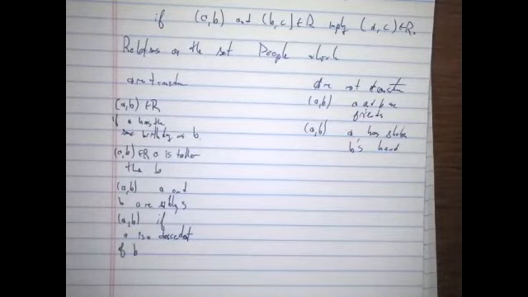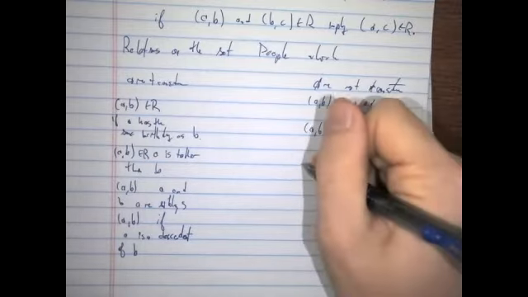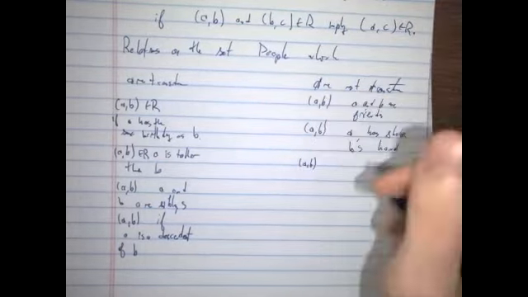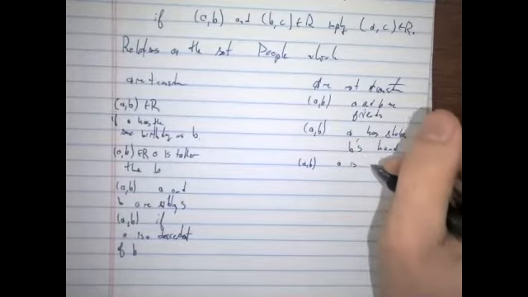What's another relation that's not transitive on the set of people? I think that is correct. That is not transitive, right? (A, B) such that A is the child of B.